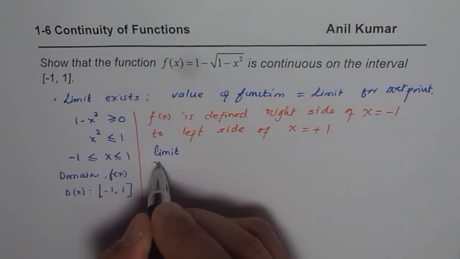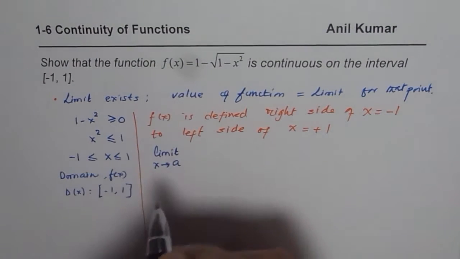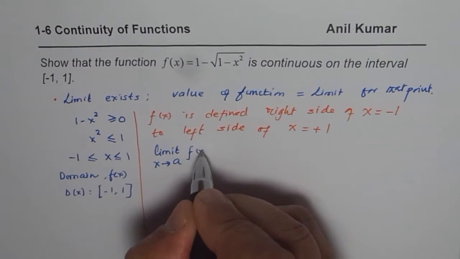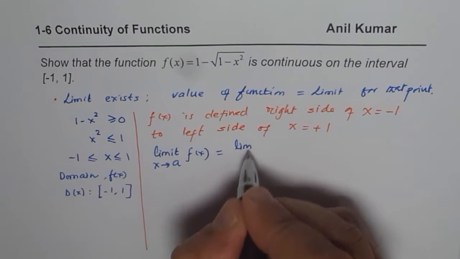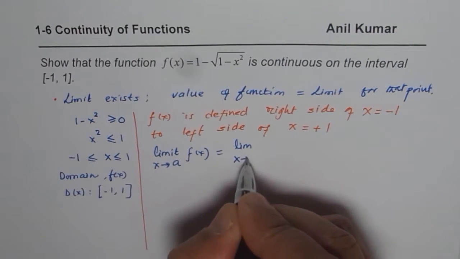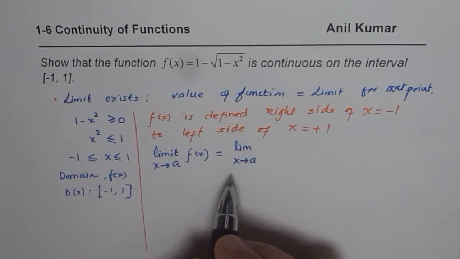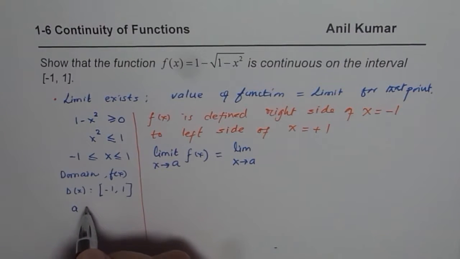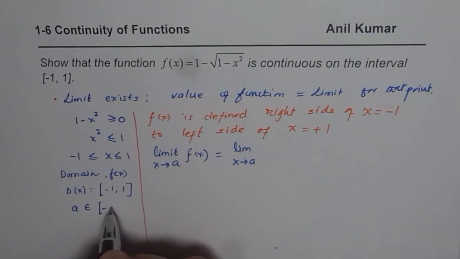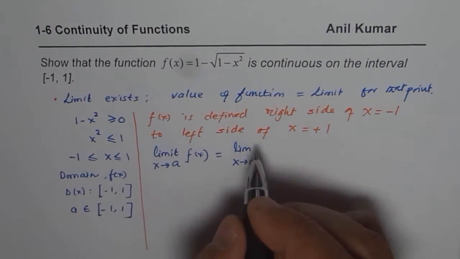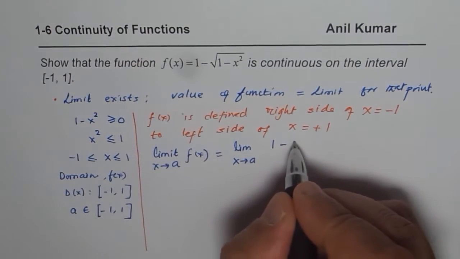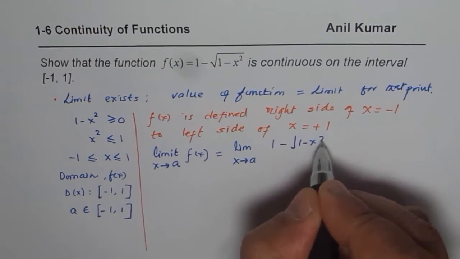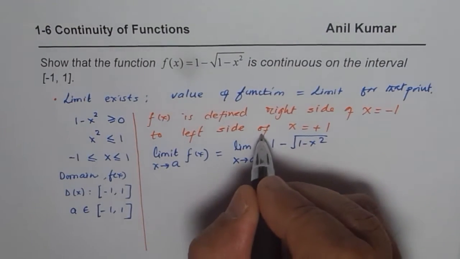So as x approaches a, the limit of the function f of x could be written as the limit as x approaches a, where a belongs to the set from minus 1 to 1, okay? So the function is defined as 1 minus square root of 1 minus x square, right?